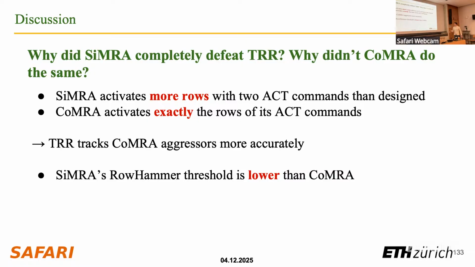Also, as I said before, the RowHammer threshold is much lower, and the TRR will look at how many times some rows have been activated and then decide if it needs a refresh or not. Since this is a much lower threshold, it might also miss it. This is coupled with how it doesn't track them correctly, I guess.